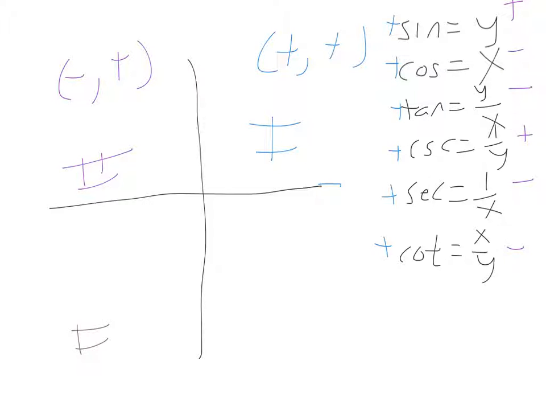In the third quadrant, x and y are both negative. So sine would be negative, cosine would be negative. Tangent, since you're dividing a negative by a negative, would be positive. Likewise, secant and cosecant would be negative, and cotangent would be positive.